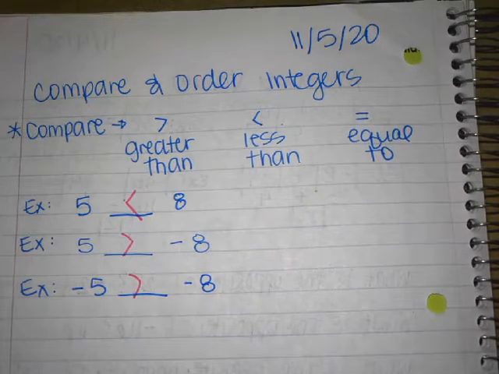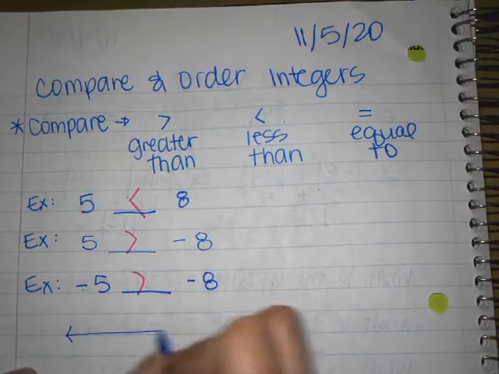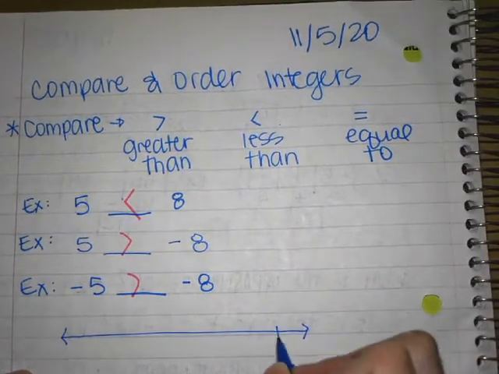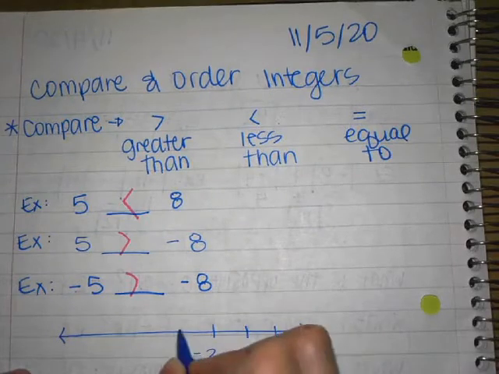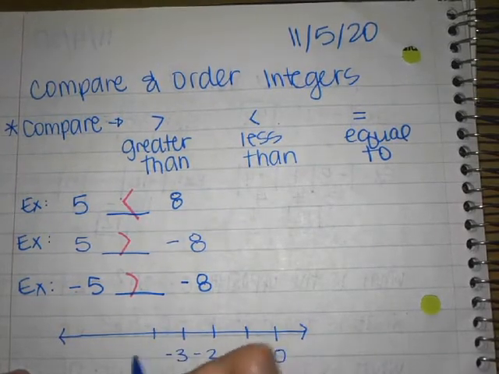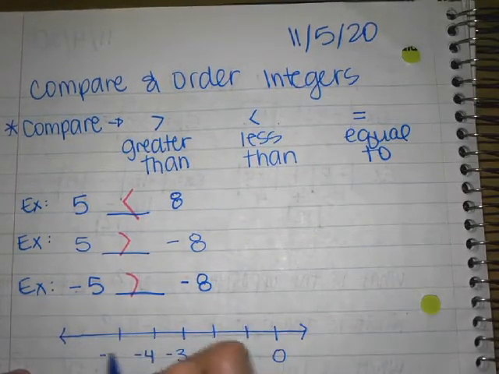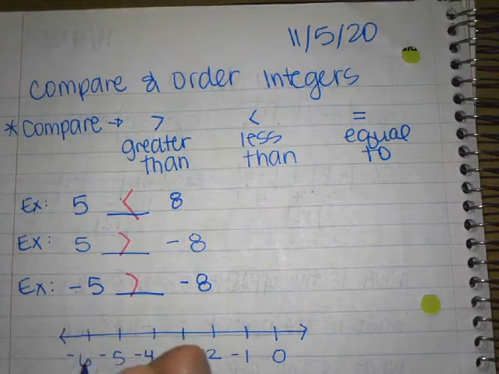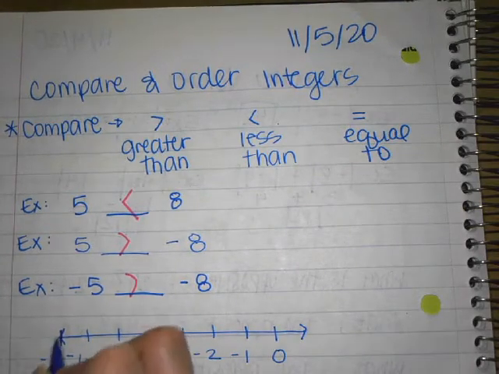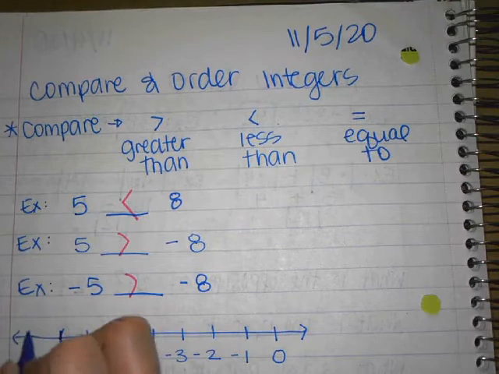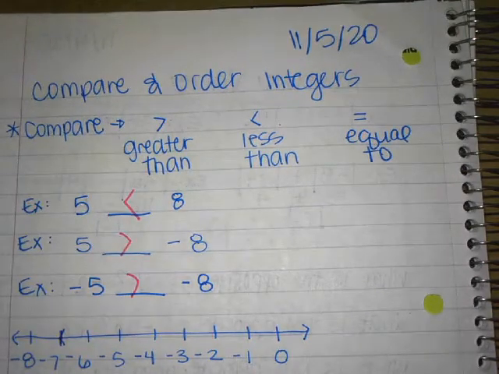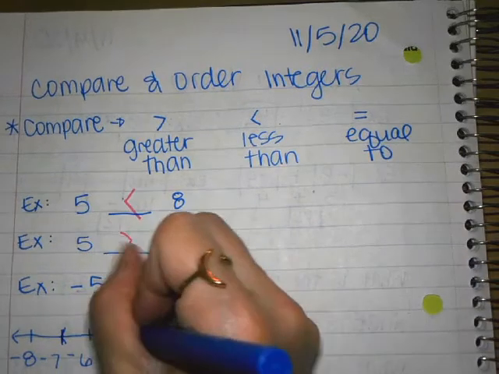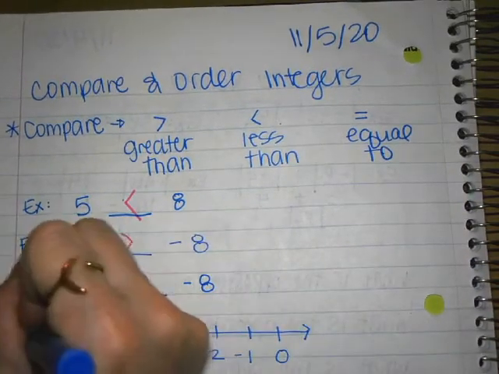So let's draw a number line. I have 0, negative 1, negative 2, negative 3, negative 4, negative 5, negative 6, I'm going to make a bigger number line, negative 7, and negative 8. We are comparing that negative 5 and that negative 8.